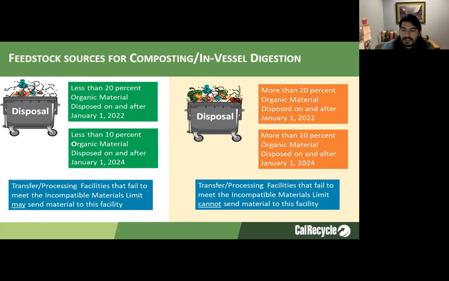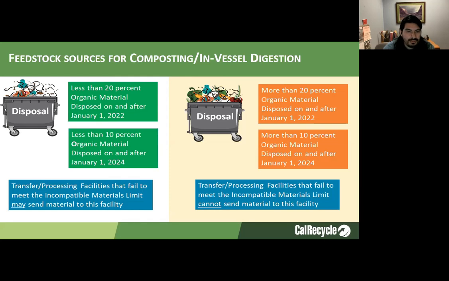And then this slide here is similar to Marcus's slide. It's from the perspective of composting and IVD. After they conduct those measurements, they'll determine their percentage of organic material sent for disposal. That's going to then be used by the transfer processing facility operations, because, like Marcus said, if they don't meet their cleanliness standard, then they're essentially limited to where they can send that material.